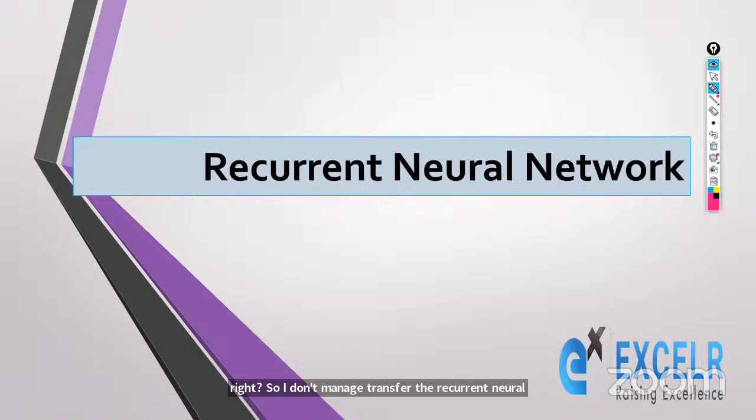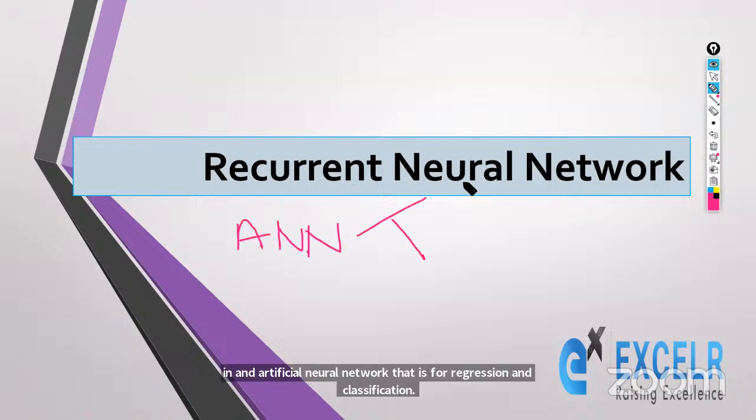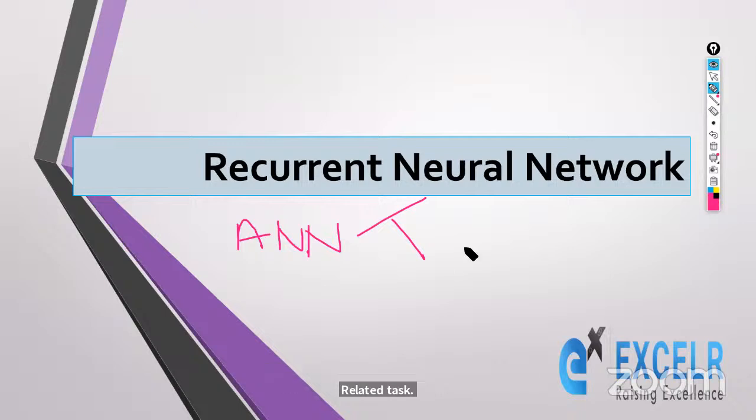Yesterday, guys, I showed you a top view of the deep learning domain, where you can see how things are arranged. We saw ANN, the artificial neural network, that is for regression and classification related tasks, regression and classification modeling.